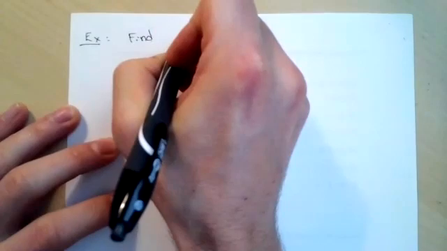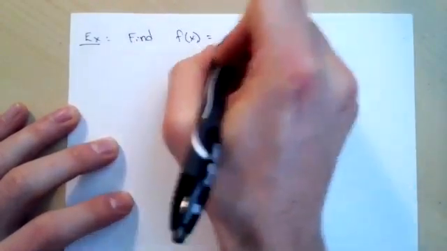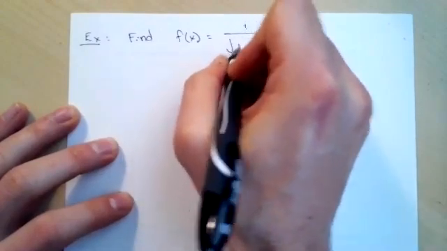Okay. So let's do a couple of examples. Example, let's find A, our Taylor series for 1 over square root of 1 minus x.